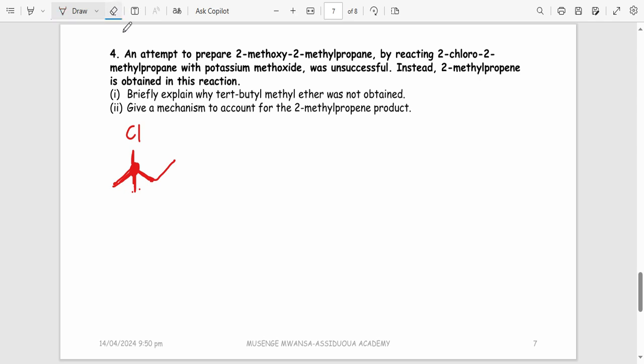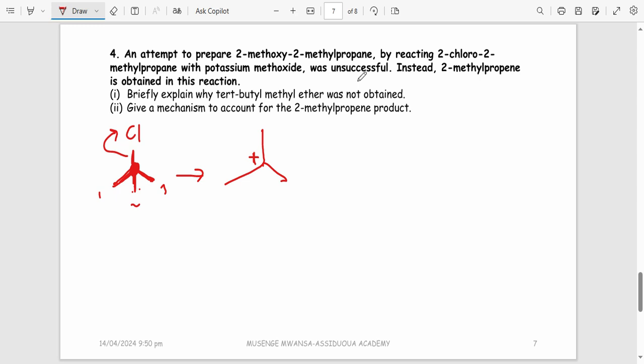So if it was happening by the 1 mechanism, the first thing is that the leaving group is going to leave. We end up forming our carbocation intermediate. Can I write it like this? Because we're going to have these 3 groups as the only things which are remaining. So this is a positive charge here.